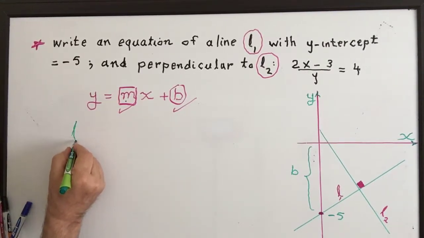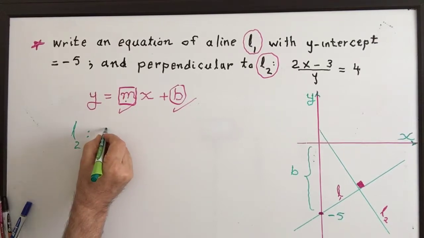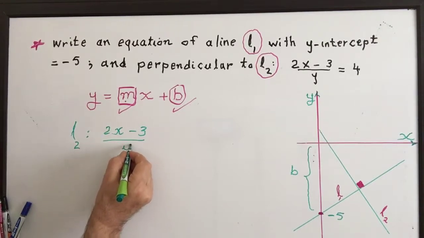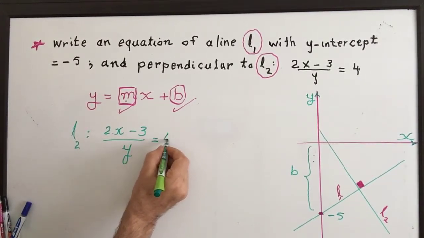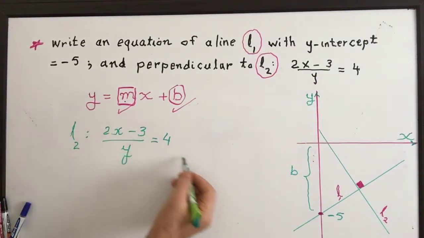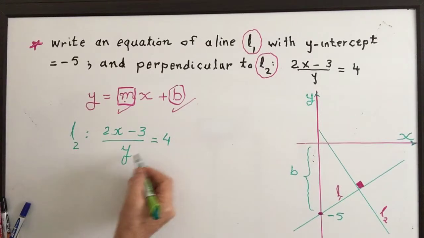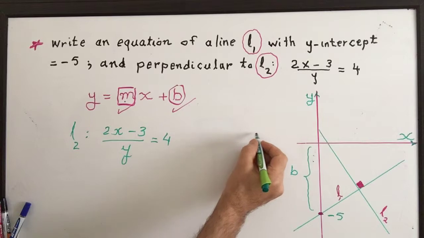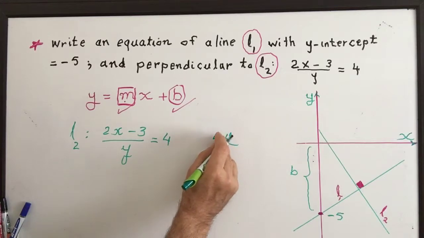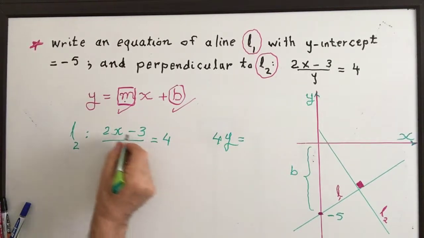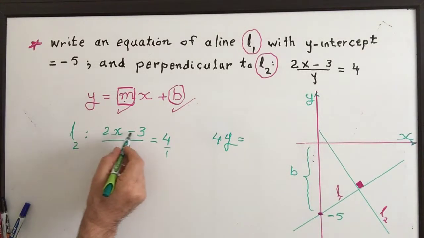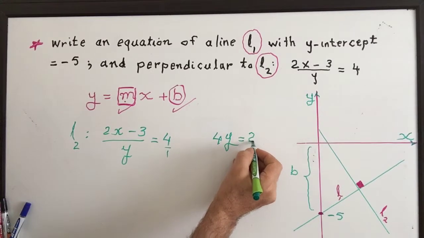The L2 equation is (2x - 3) over y is equal to 4. Just multiply by y, and by 4. So we've got 4y, and if we consider here is 1, then 1 times 2x minus 3 will be 2x minus 3.